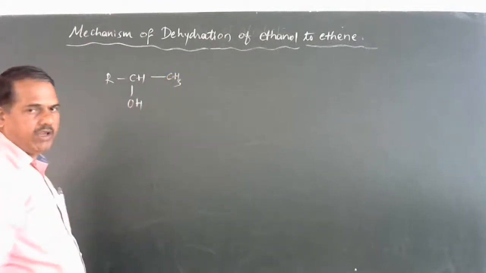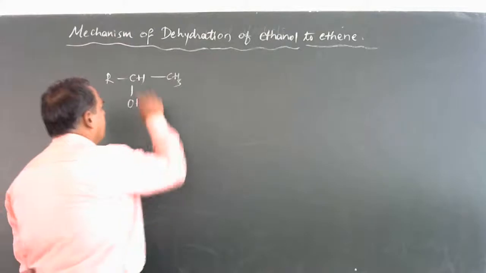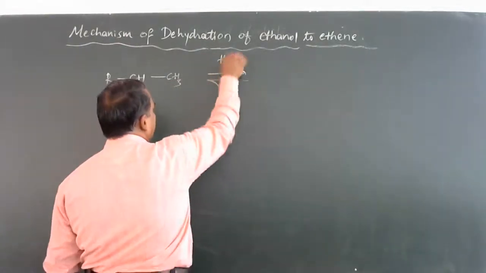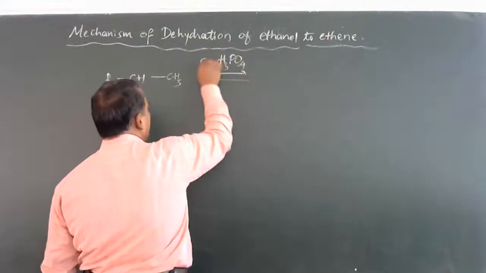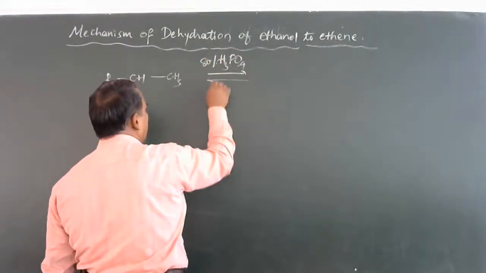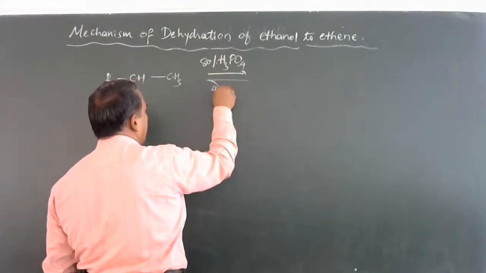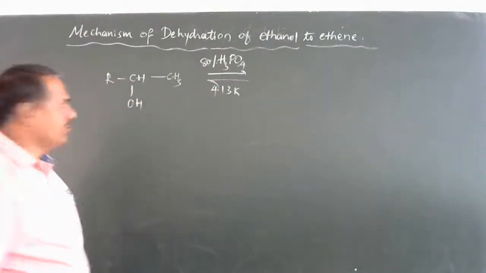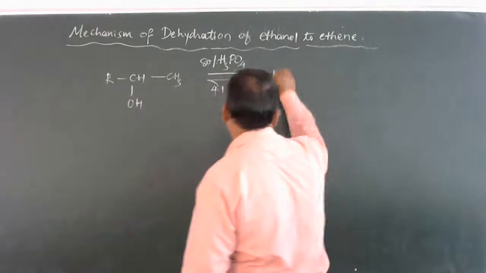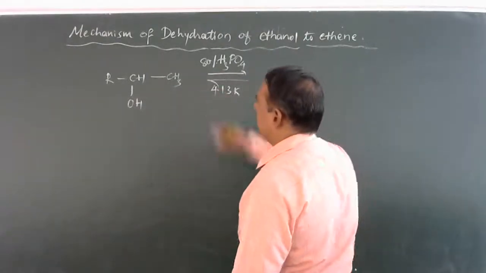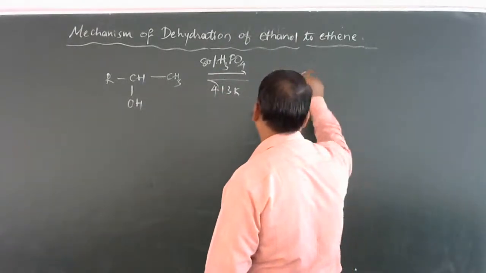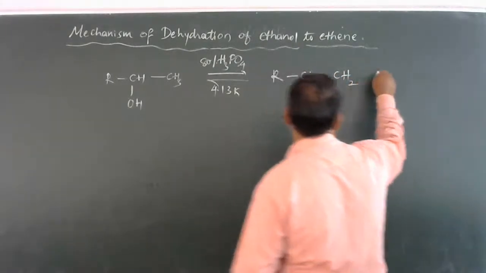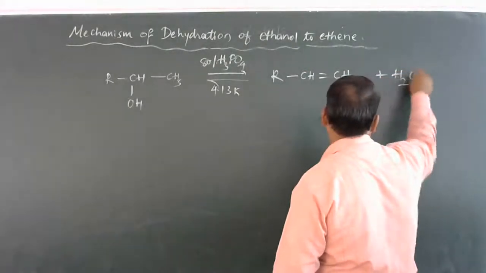It is a secondary alcohol. It is dehydrated in presence of H3PO4, nearly above 80%, at a low temperature, nearly 413 Kelvin. So we will get, as it is dehydrated, R CH double bond CH2 plus H2O.